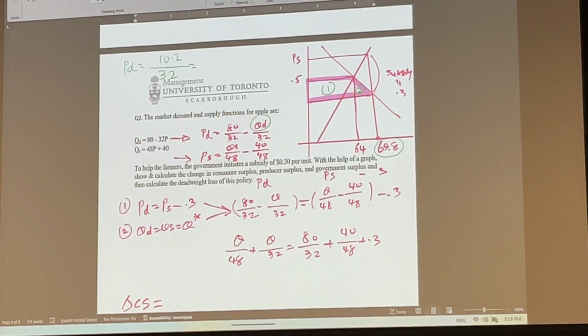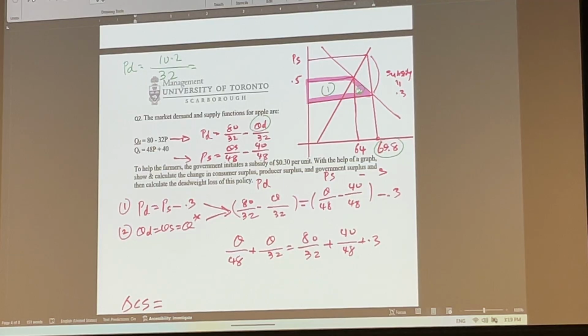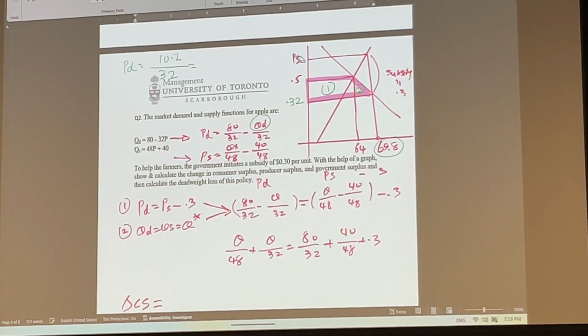How much do you get? 32. So the producer gets 30 cents more, 62.